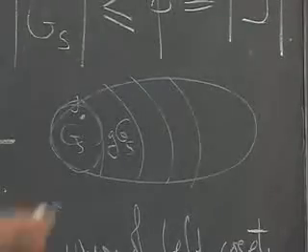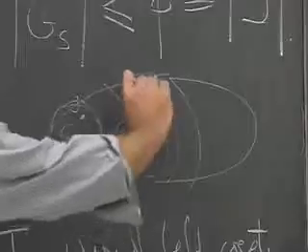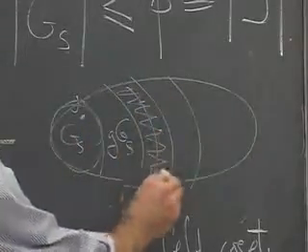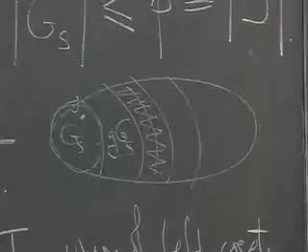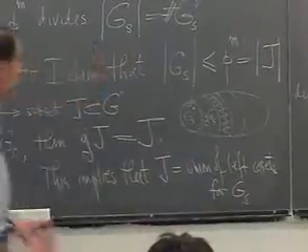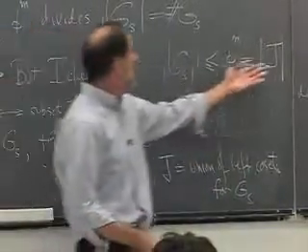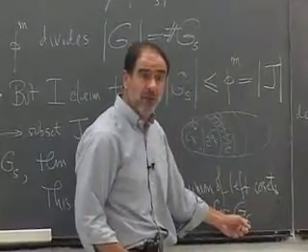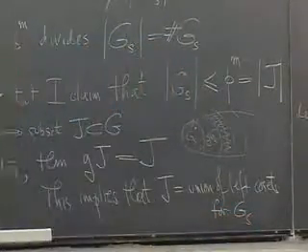Likewise, if my set J contains some element in another coset, then by the fact that G stabilizes it I can get anything in that coset by translating by GS. Consequently, the only stable subsets I can make under this GS are a union of these left cosets, and consequently the order of J has to be bigger than the order of GS, because the order of GS is the size of one of the cosets. And that's the end of the proof.